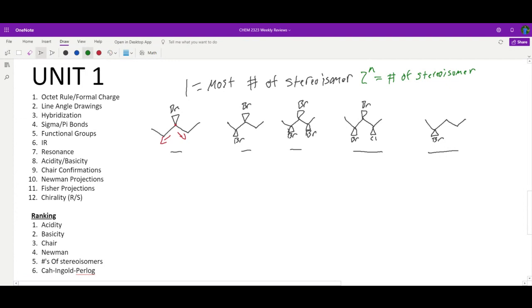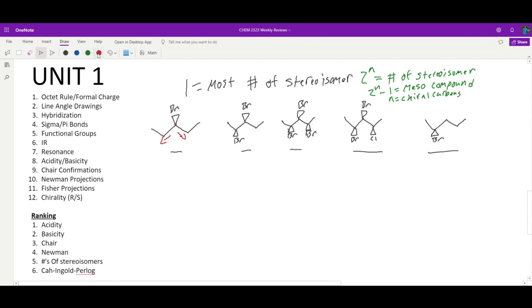And if it's something called meso, there's a different formula. Meso just means there's a line of symmetry and there are chiral carbons on both sides. And n stands for the number of chiral carbons.